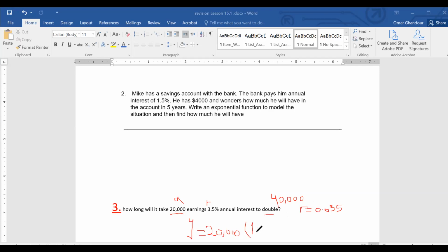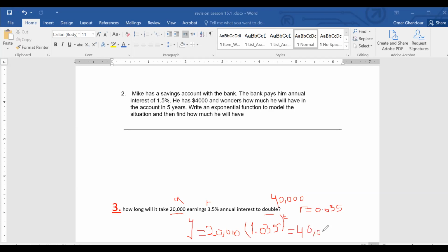So 1.035 power t. And this is equal to what? This is equal to 40,000 because it's going to double.